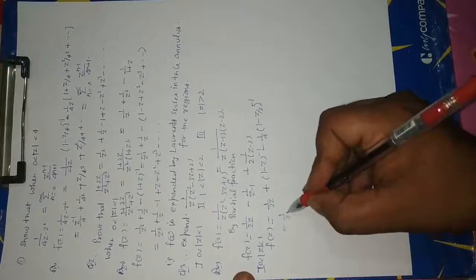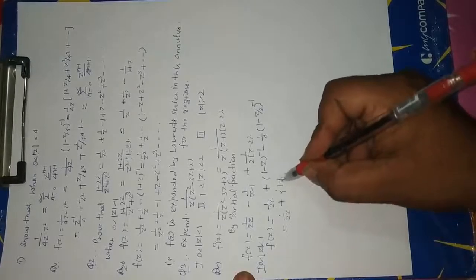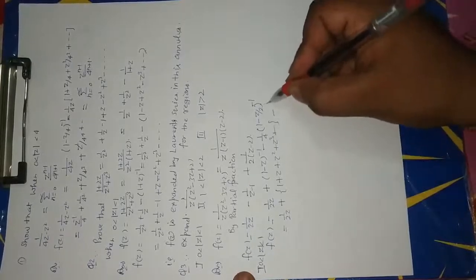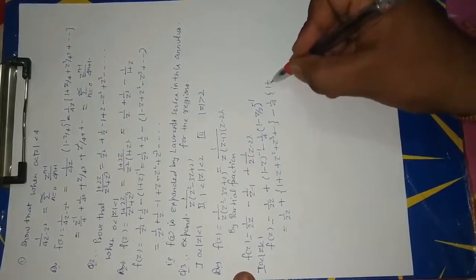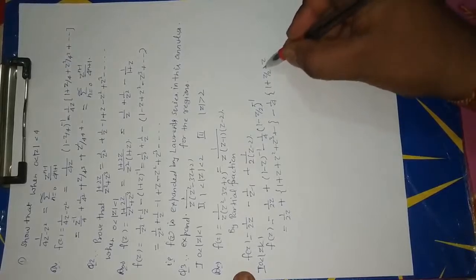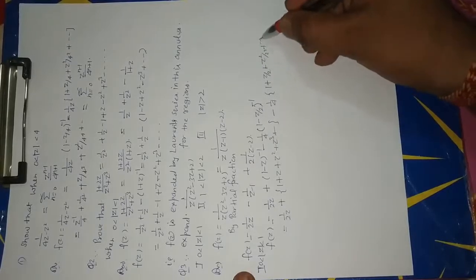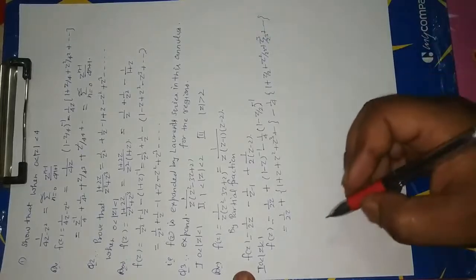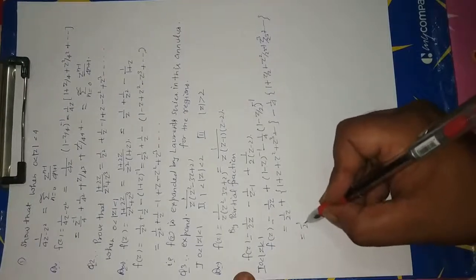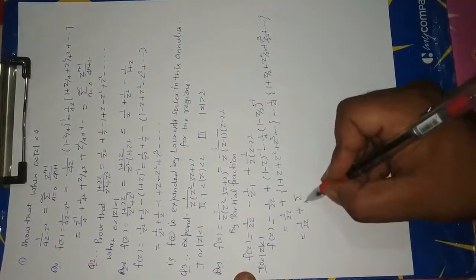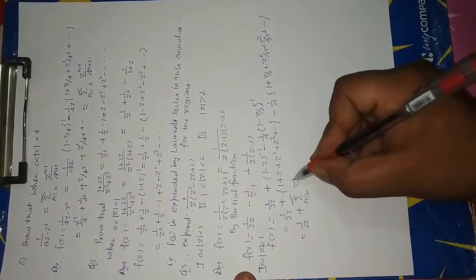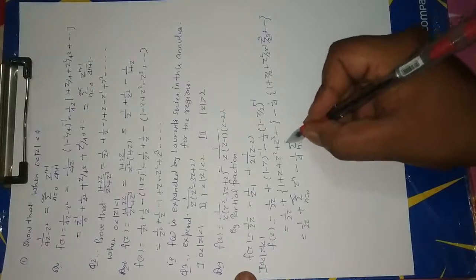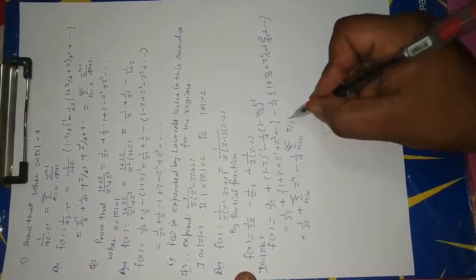This is equal to 1 upon 2z plus (1 plus z square plus z cube plus up to dot) minus 1 upon 4 (1 plus z by 2 plus z square upon 2 square plus z cube upon 2 cube plus up to dot). This is equal to 1 upon 2z plus summation n is equal to 0 to infinity z to the power n minus 1 upon 4 summation n is equal to 0 to infinity (z by 2) whole power n.